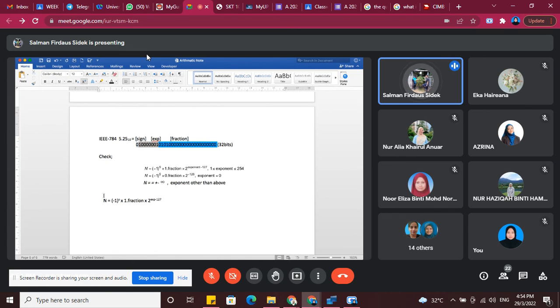So this is the formula that we will use to get back the decimal value. So we substitute. S here is 0. We put 0 here. Okay, S is 0. And then we times it with 1 dot fraction. Fraction is 0101.